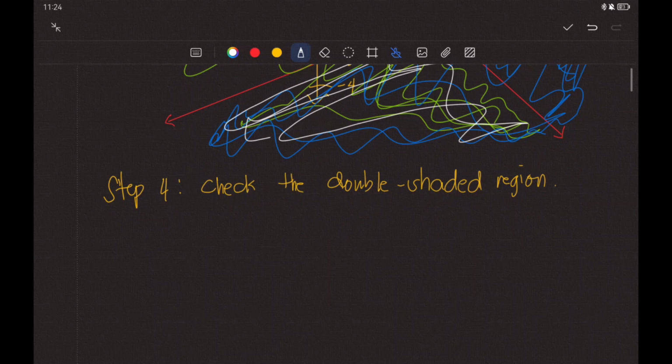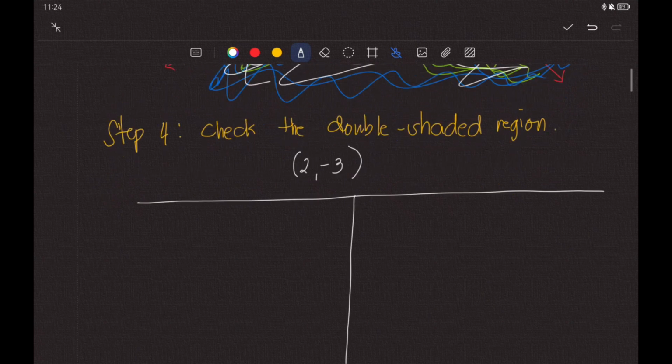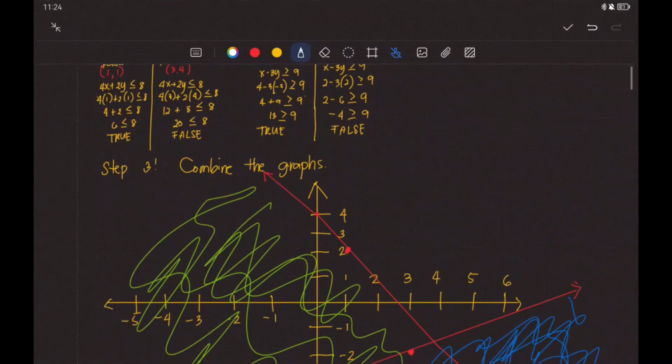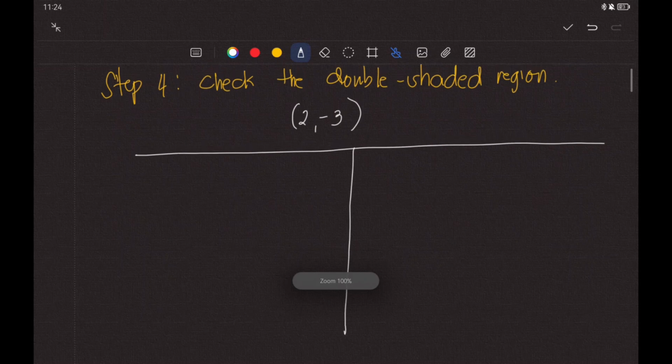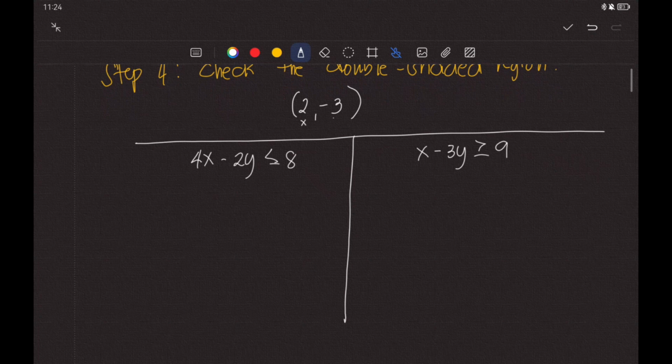So let's use positive 2 and negative 3. Now let's divide this into 2. We are going to use the two linear inequalities, which are 4x minus 2y is less than or equal to 8 and x minus 3y is greater than or equal to 9.